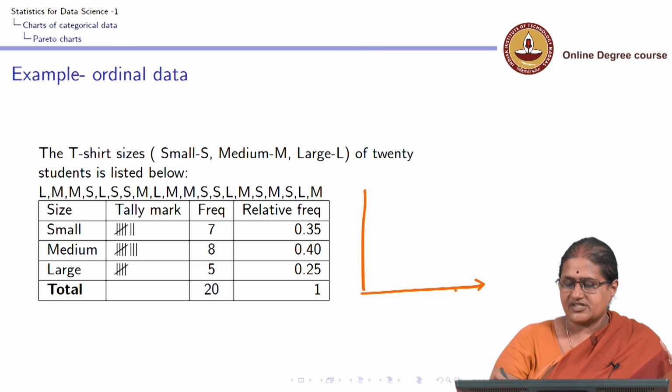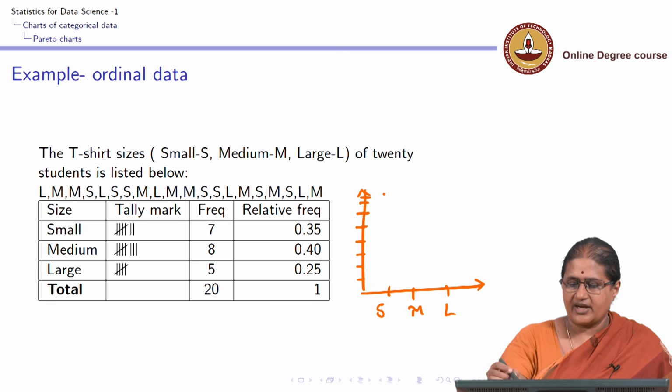I have the size of the t-shirt, which is small, medium and large. The sizes, so I have 1, 2, 3, 4, 5, 6, 7, 8. I have a size 7 for my small, a size 8 for my medium.